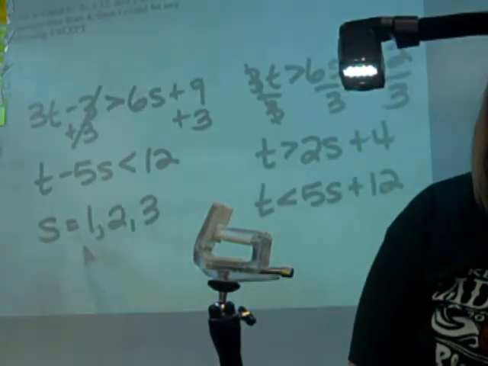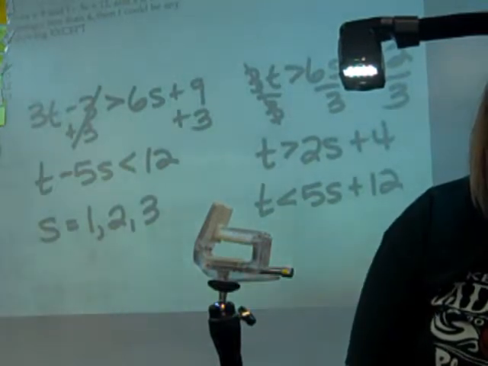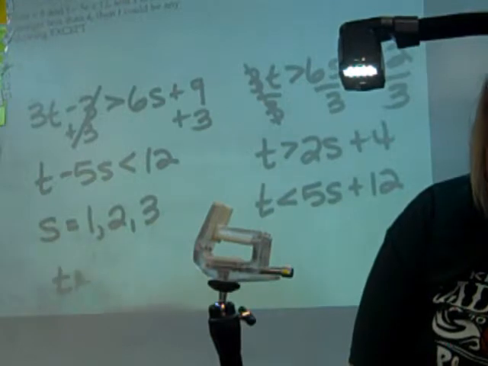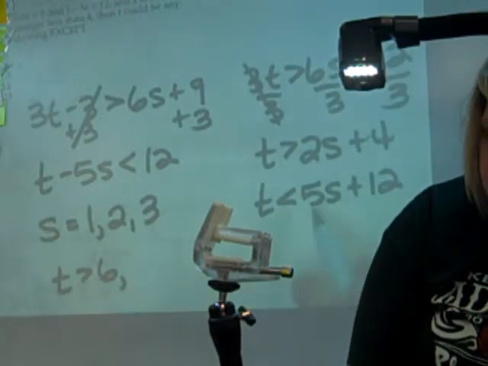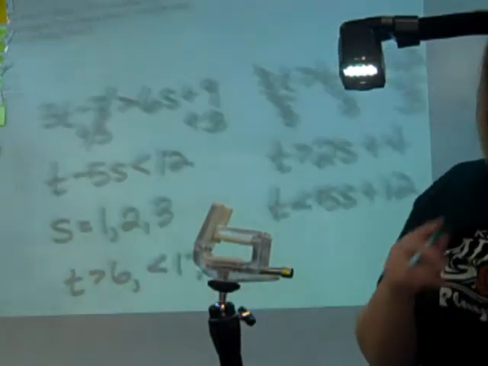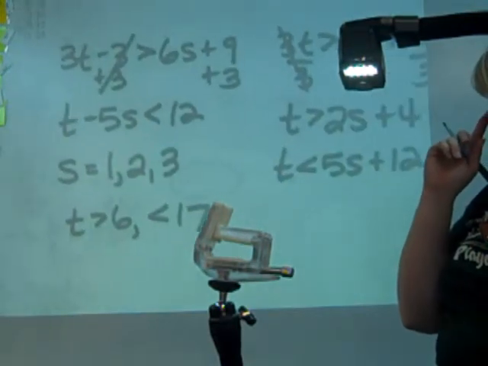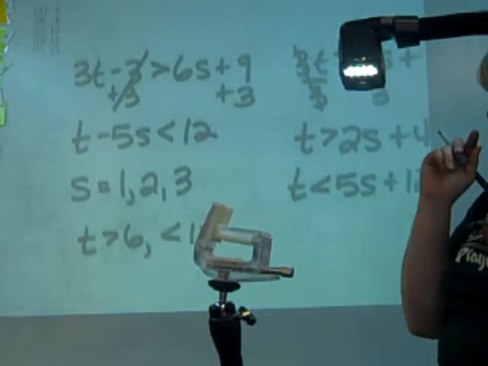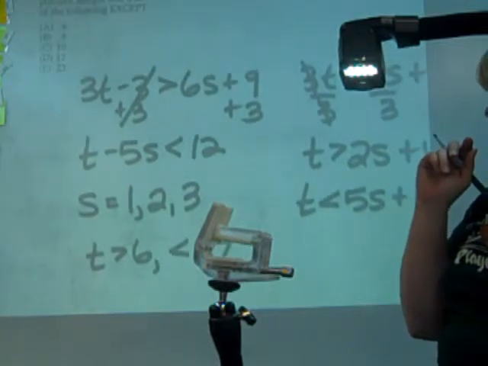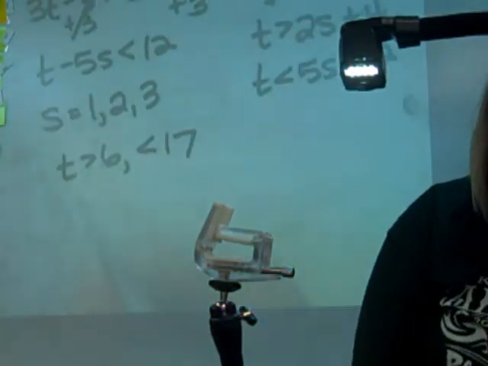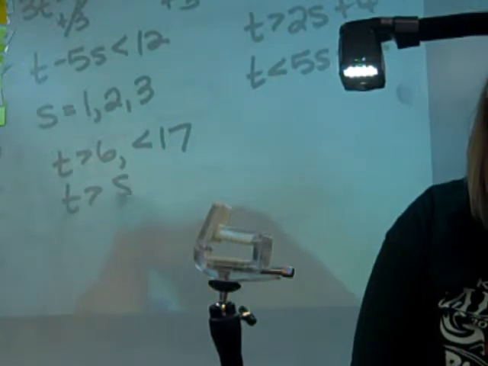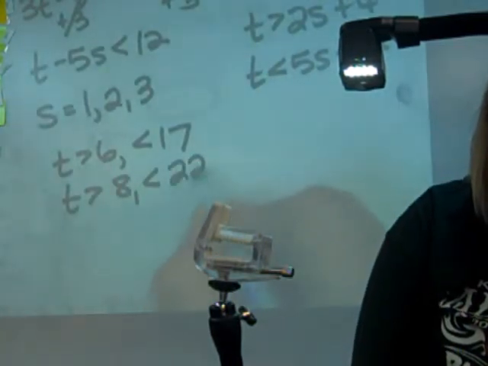Okay, so let's see, if we plugged in 1 for s, that would mean that t has to be greater than 6, but less than 17. If you plug in 2 for s, you get that t is greater than 8 but less than 22.